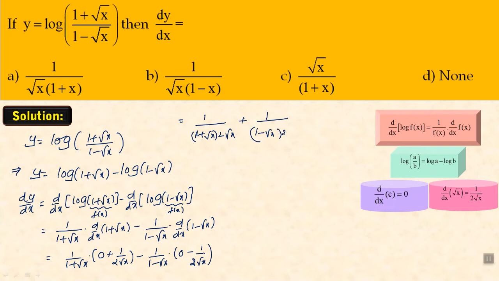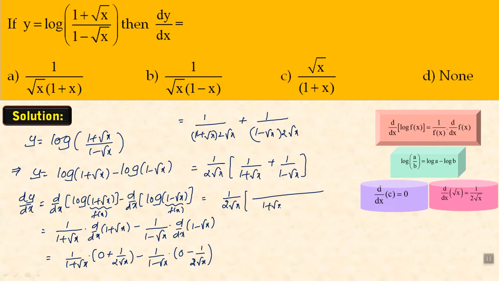In these two terms, 1 by 2 root x is common. Here 1 by 1 plus root x plus 1 by 1 minus root x is equal to 1 by 2 root x into, here LCM is 1 plus root x into 1 minus root x, so 1 minus root x plus 1 plus root x.